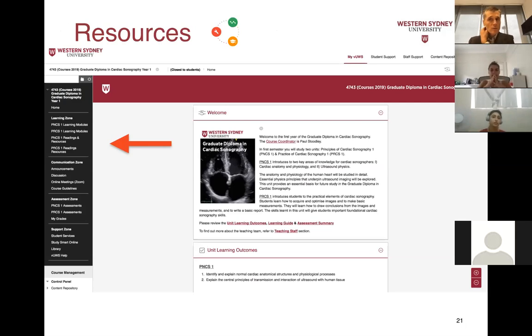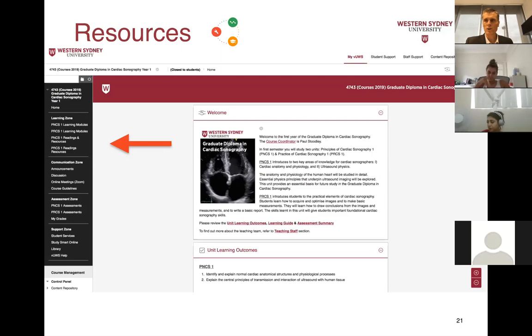As I was saying also, when you are able to access Views from midday tomorrow, you'll notice that you're able to access the textbooks. While I'm thinking of it, you'll see that on the left-hand side of the site there's a black column, and it's divided into sections: a learning zone, a communication zone, an assessment zone, and a support zone.